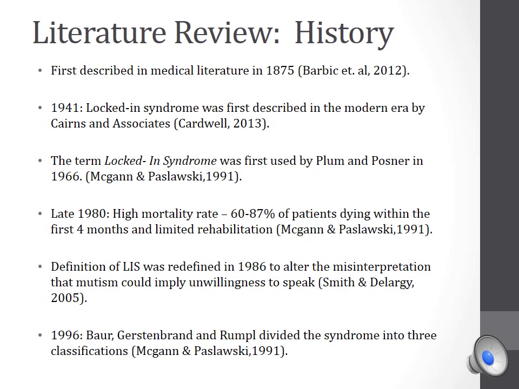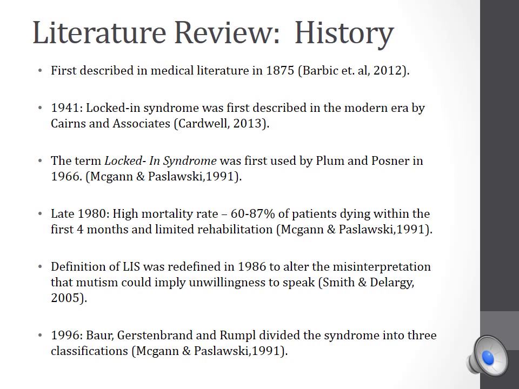This original definition described locked-in syndrome as a neurological condition in which consciousness may be preserved, but the patient is mute and the only voluntary motor activity is vertical eye movements and blinking. Yet this definition was later refined in 1986 to alter the misinterpretation that mutism could imply unwillingness to speak of the patient.